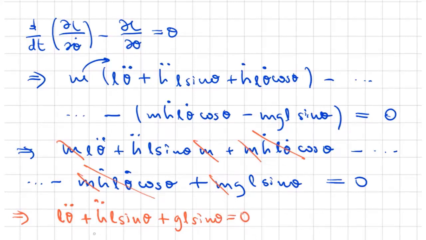And I will take the common factor of this L sine of theta, and I can write it down like this, and take it to the other side of the equation. L θ double dot is equal to minus L sine of theta (h double dot plus g). Right?